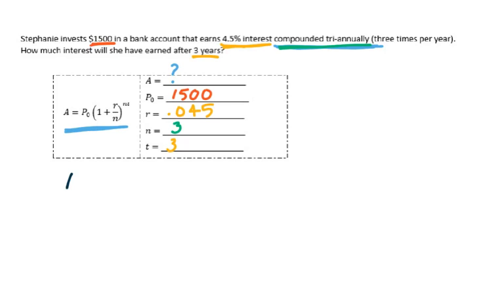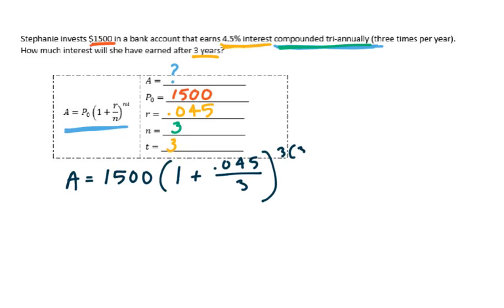So we have A is equal to the initial value, which is 1,500, times 1 plus 0.045 over 3, to the power of 3 times 3. So now we can simplify.